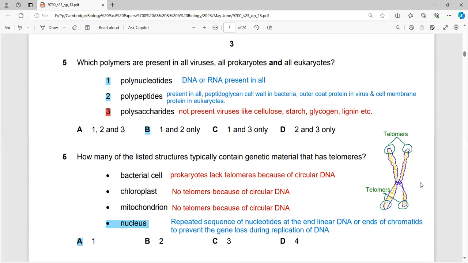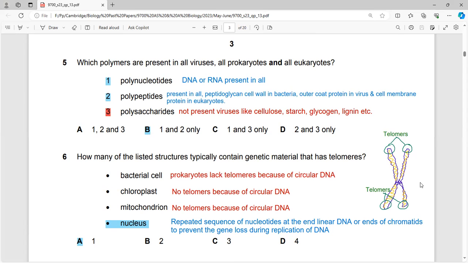Question number 5: which polymers are present in all viruses, all prokaryotes, and all eukaryotes? First we have polynucleotide, which is DNA or RNA. That's present in all.